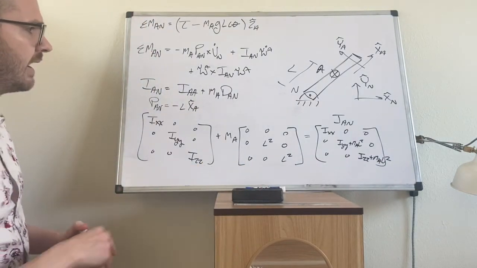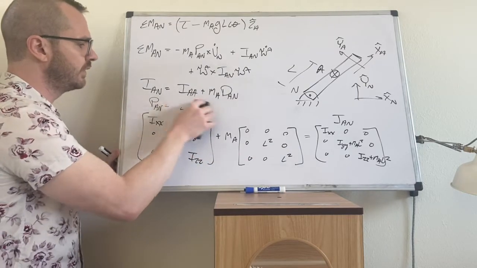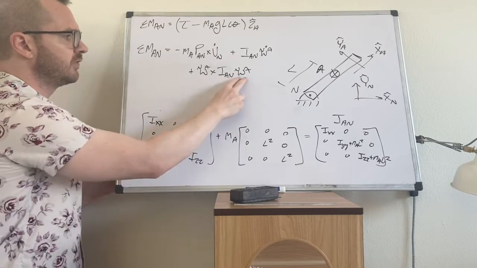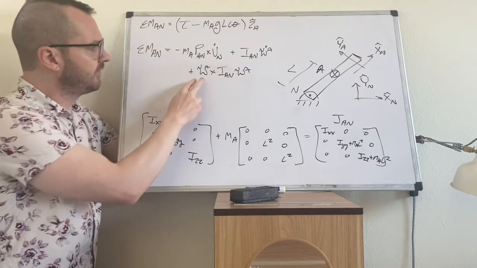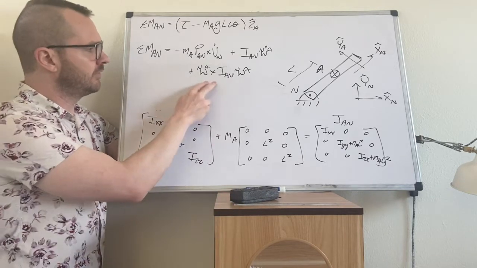So there's our IAN matrix. Now, if you take that IAN matrix and multiply it by omega NA, and you cross that with omega NA, you'll see in this case that this one also goes to 0.